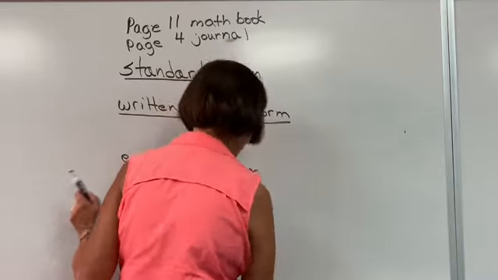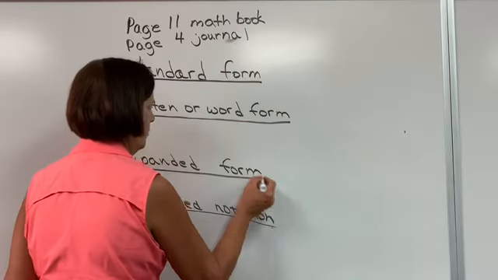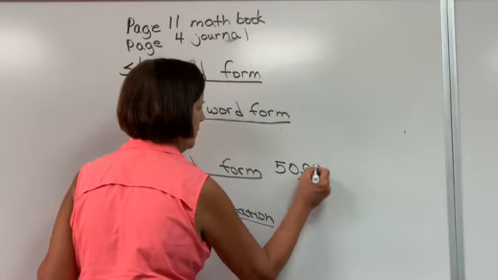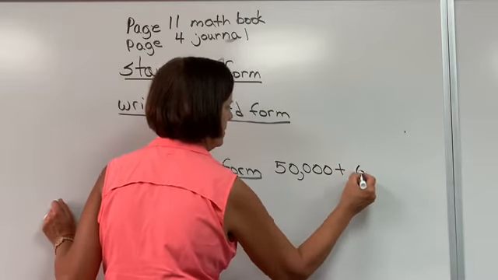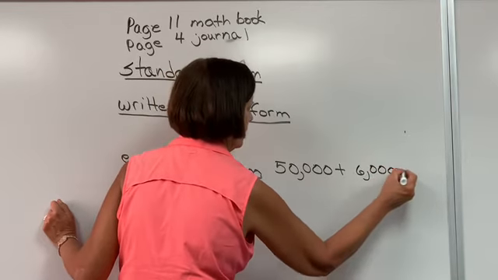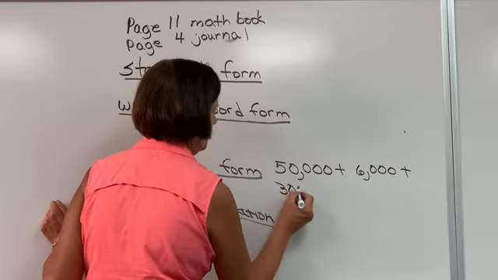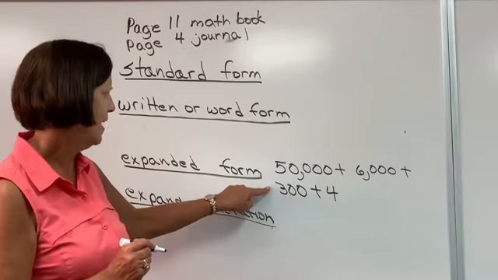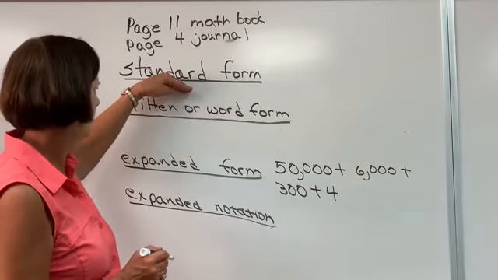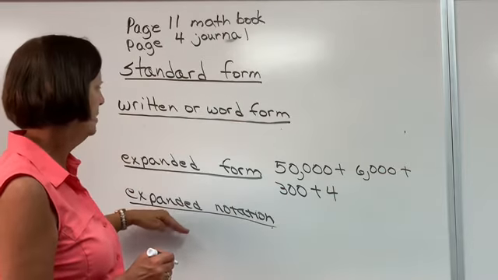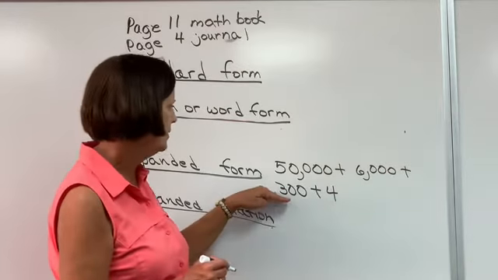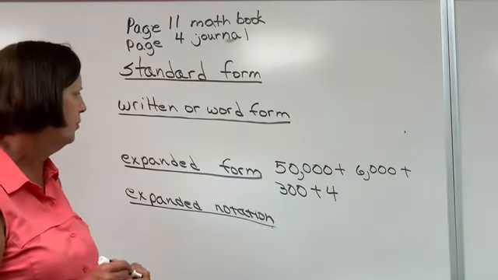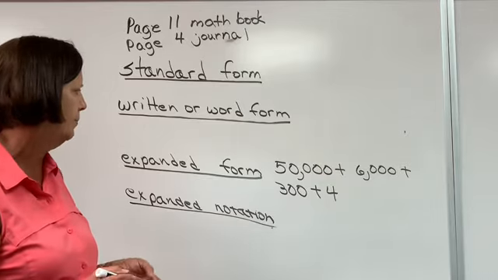What if they told me my expanded form was 50,000 plus 6,000 plus 300 plus 4. And they want me to take that one and write it in standard, written, or expanded. So you guys pause it and try to write that number into my other 3 forms. Then come back and you can check it with me.